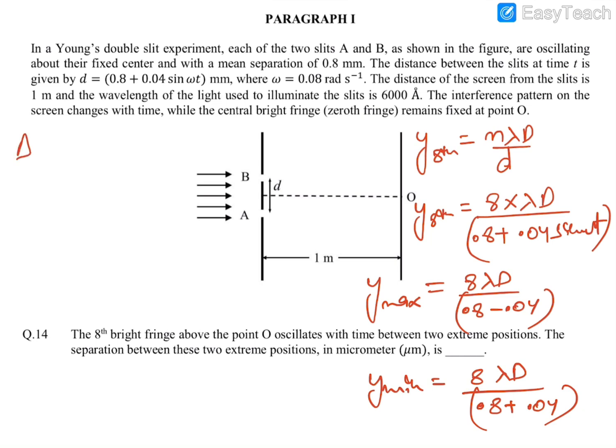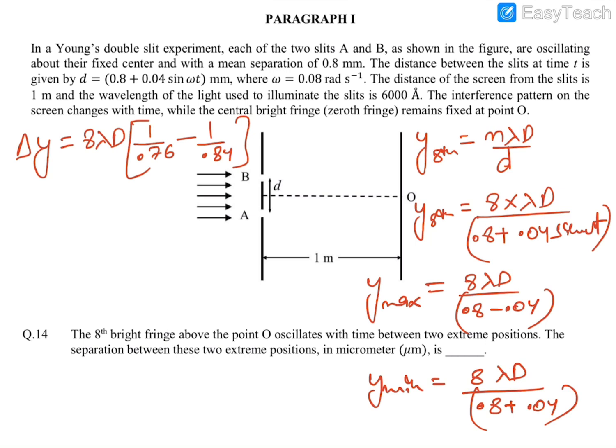So if we have to find the separation between these two positions, then it would be 8 lambda D times 1 upon 0.76 minus 1 upon 0.84.